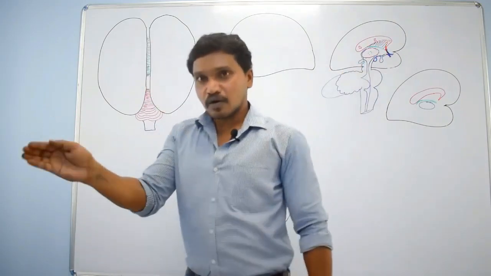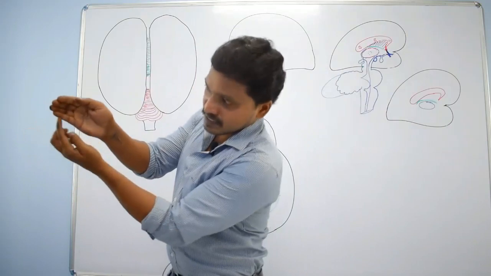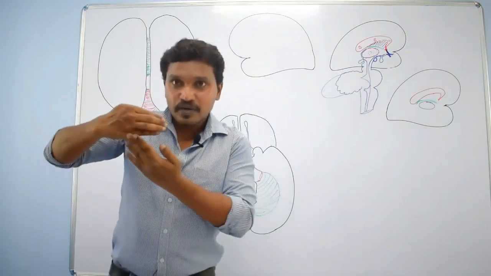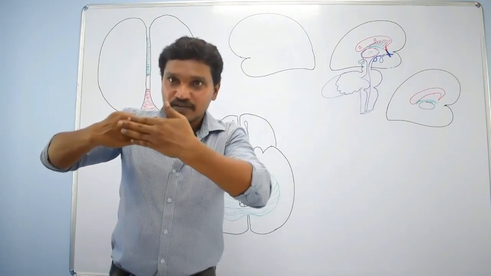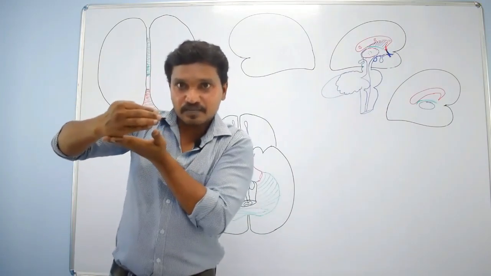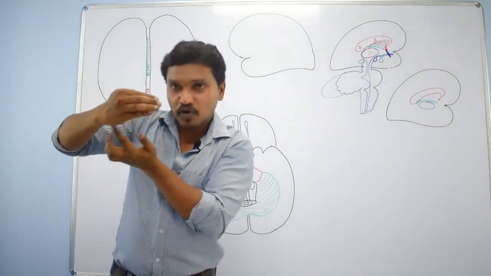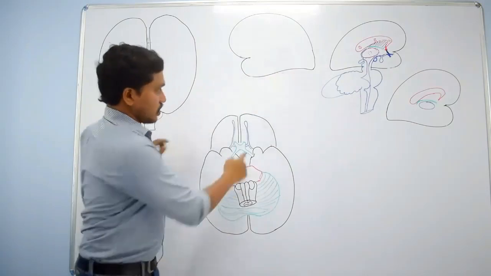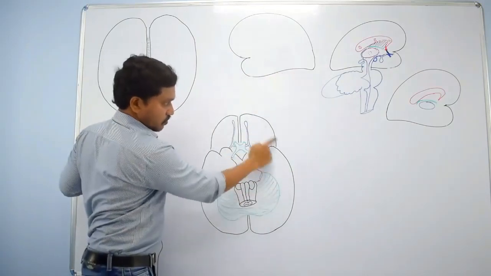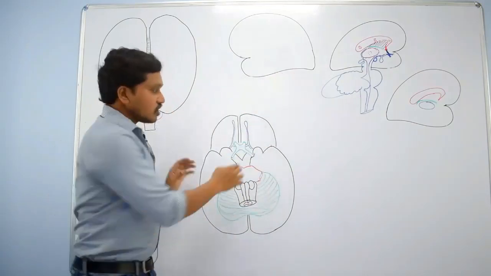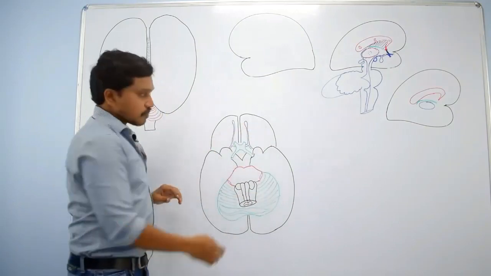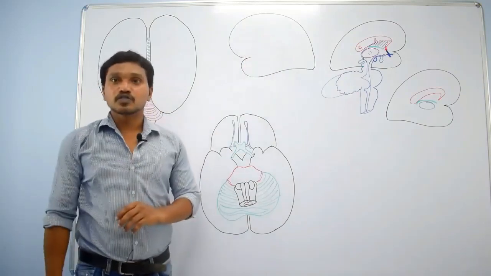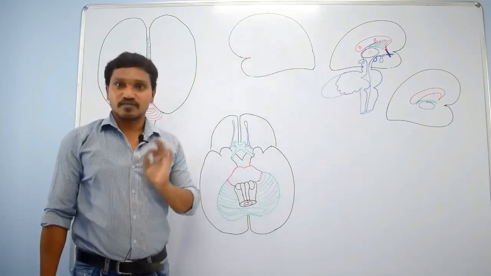Then one more border. Here is the border. See here, this border separates the superior lateral surface from the inferior surface. This border we call the inferior lateral border. So this is the inferior lateral border, separating the inferior surface from the superior lateral surface.